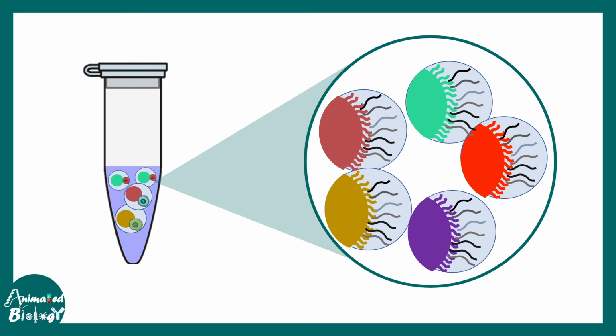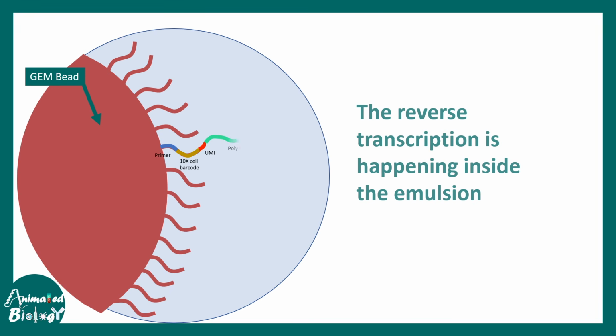Now once it is captured on the bead, each of these emulsions has the enzyme. So inside this reaction vessel, which is this emulsion drop, you can see a cDNA would be formed from the mRNA, right? And this is really important.